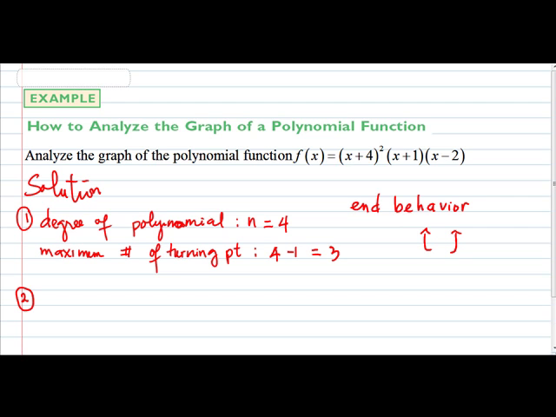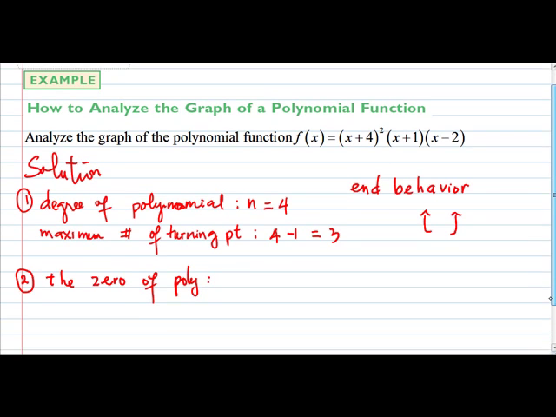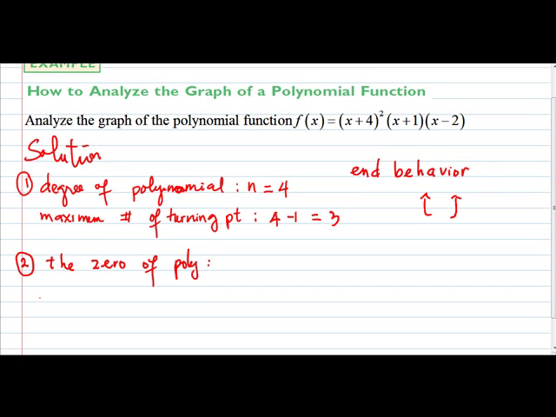Now find the zeros of the polynomial. Now remember, the zero of the polynomial is just the same thing as the x-intercept.